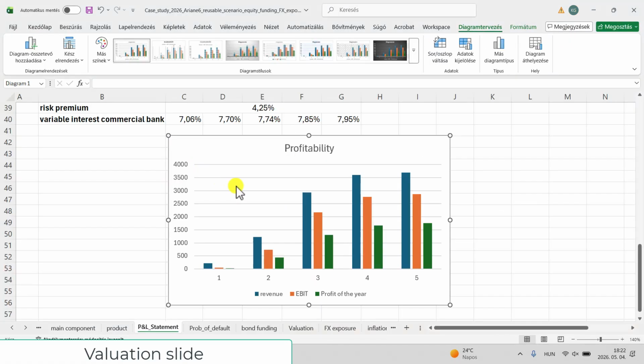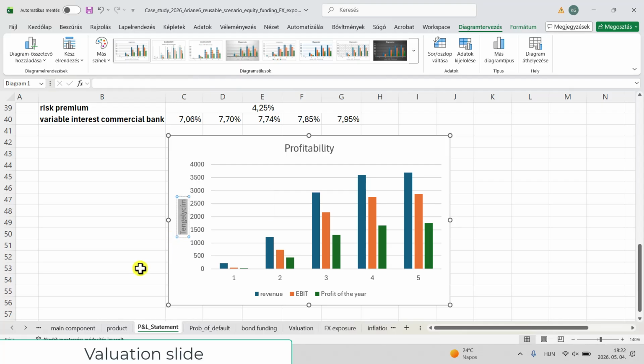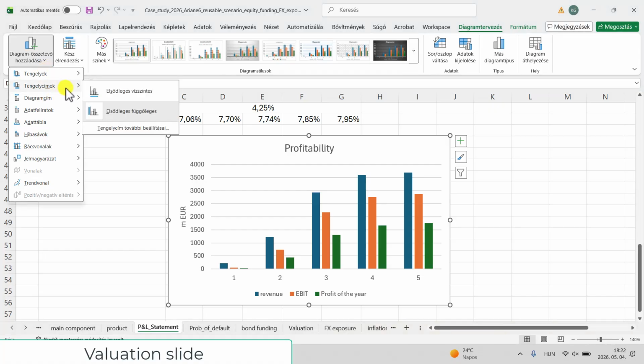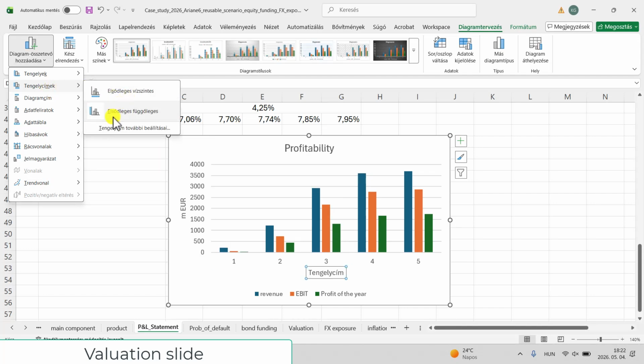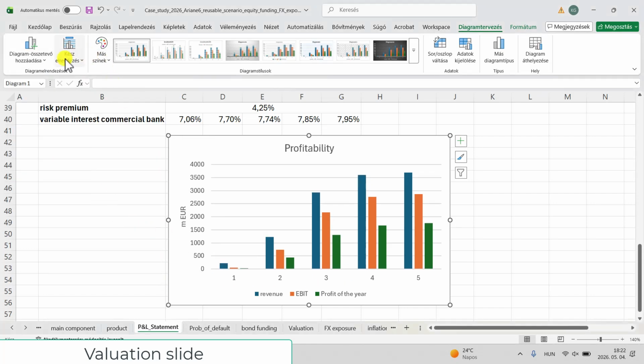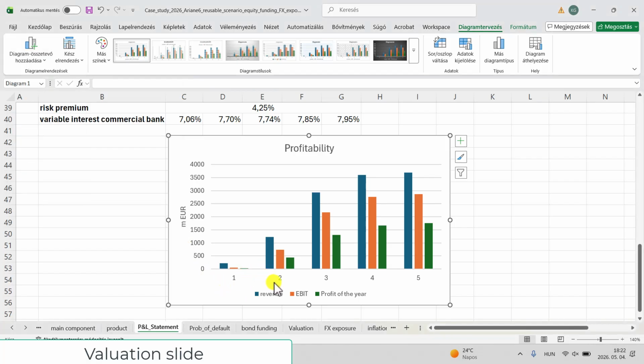Obviously we need some formatting here, so I need to say that these are in million euros, not in cats or tonnage, and also we have to say that... Doesn't matter, the other is year, but this is good enough.